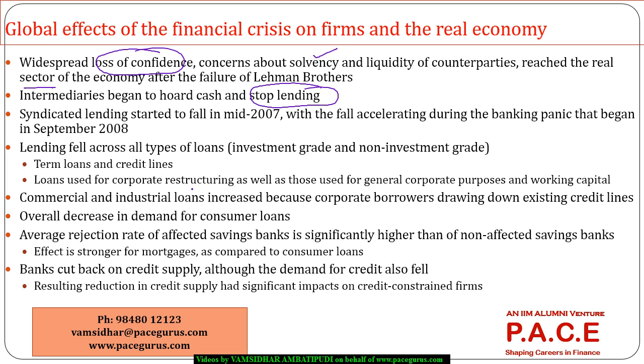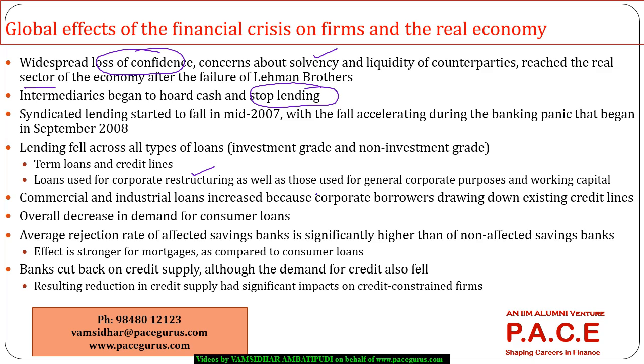All kinds of loans, not just mortgages, the term loans, credit lines even given to the companies were hit badly. The loans used for various corporate restructuring activities, or for general corporate purposes, or even working capital purposes, the lending activity has fallen quite drastically after the financial crisis in 2008.